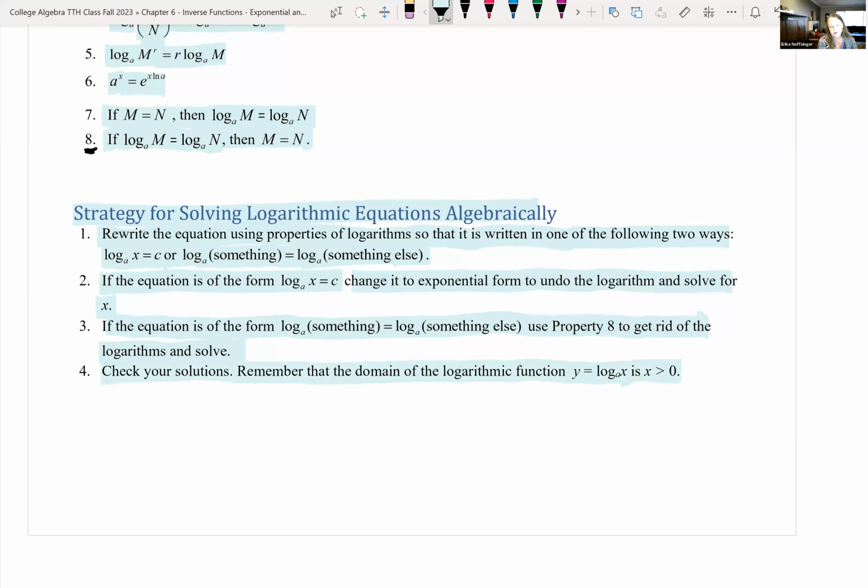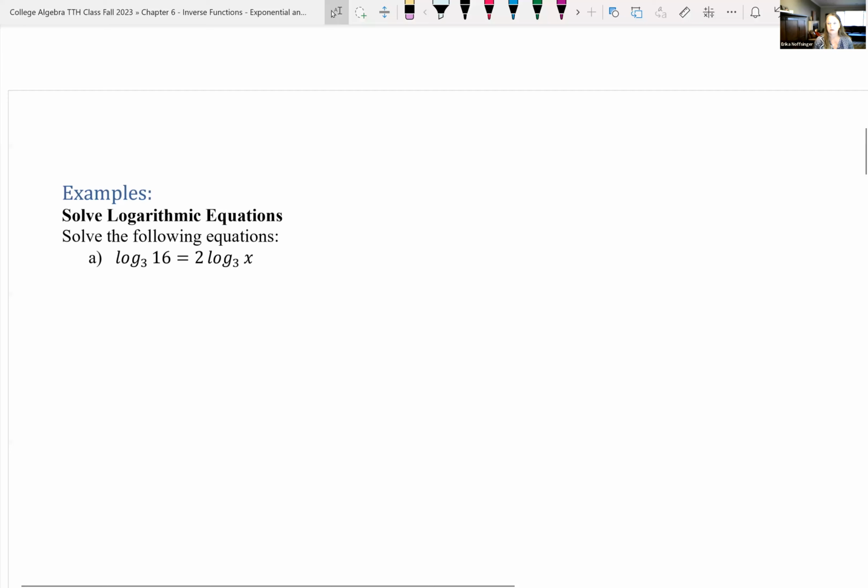Remember that the domain of a logarithmic function, y equals log base a of x, that argument x has to be greater than 0. So the first example in front of us, we have log base 3 of 16 equals 2 log base 3 of x. So I have log equal to a log. I just can't drop that log right now because of this 2 in front.